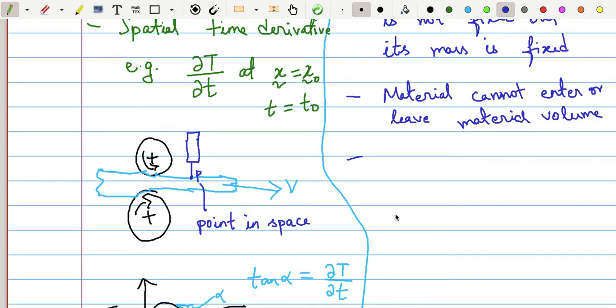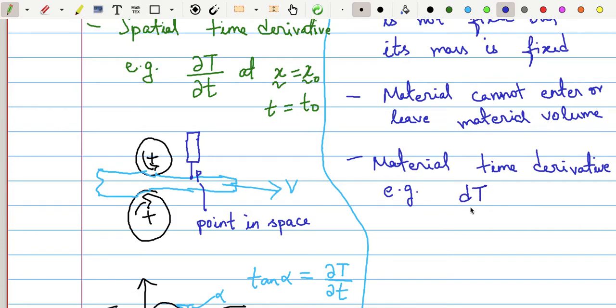Now in this context of material volume, we talk about something called the material time derivative. Now what is the material time derivative? For example, it will be denoted by capital D T, not a partial derivative but a total derivative.